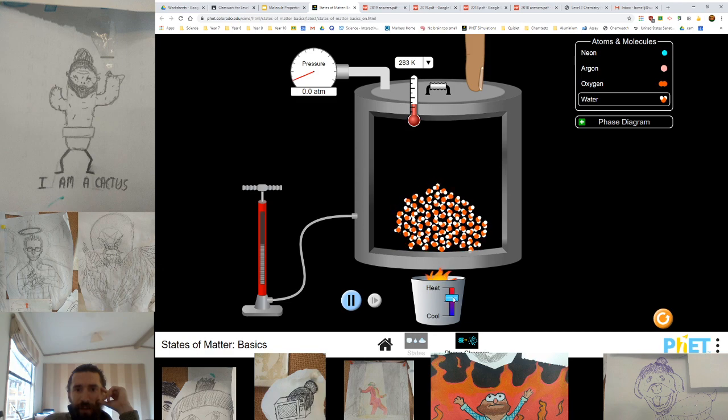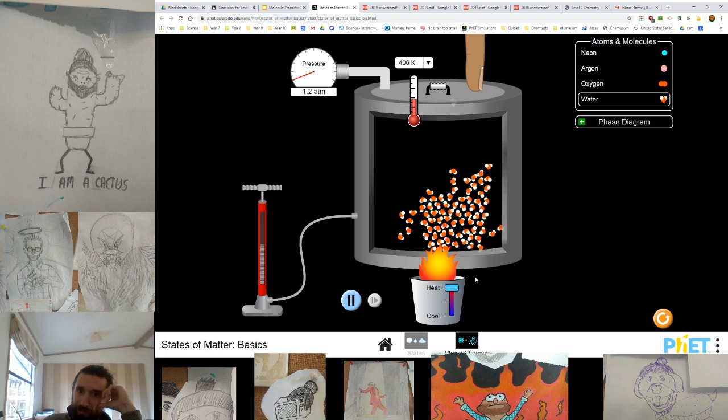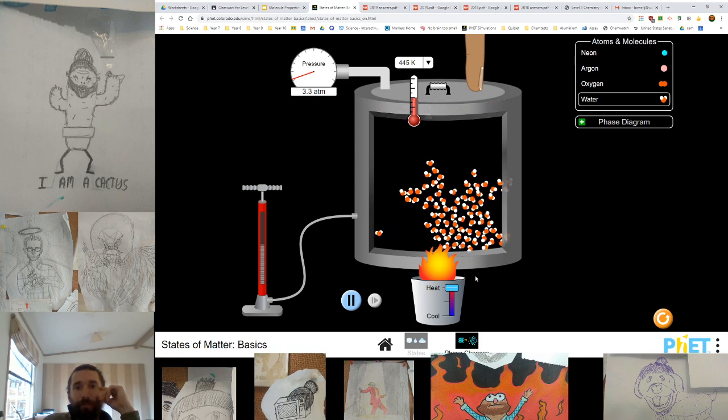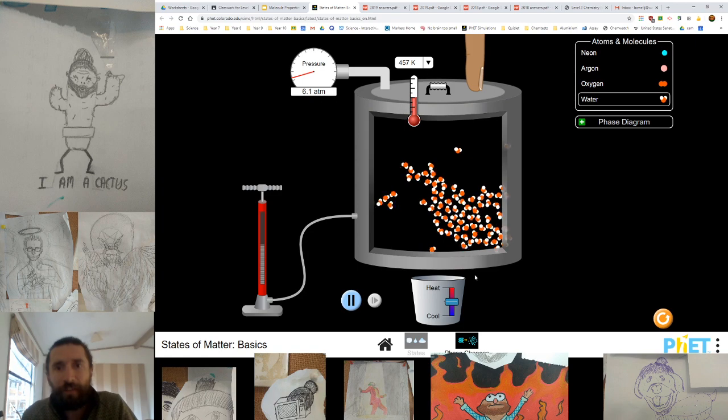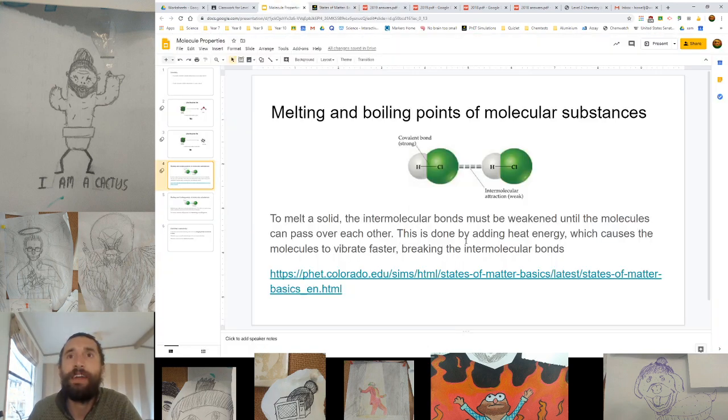As they start moving faster, they're going to start spreading apart. You can see some of them have got free, and those bonds have started breaking up. So basically, introducing heat to a substance is going to make the particles move faster and break the intermolecular bonds between molecules.